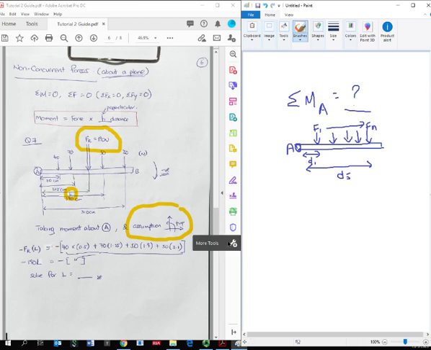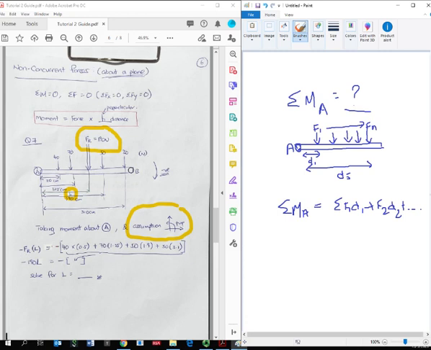So the total moment will be F1 d1, yes, F2 d2, plus the rest if there are many forces.